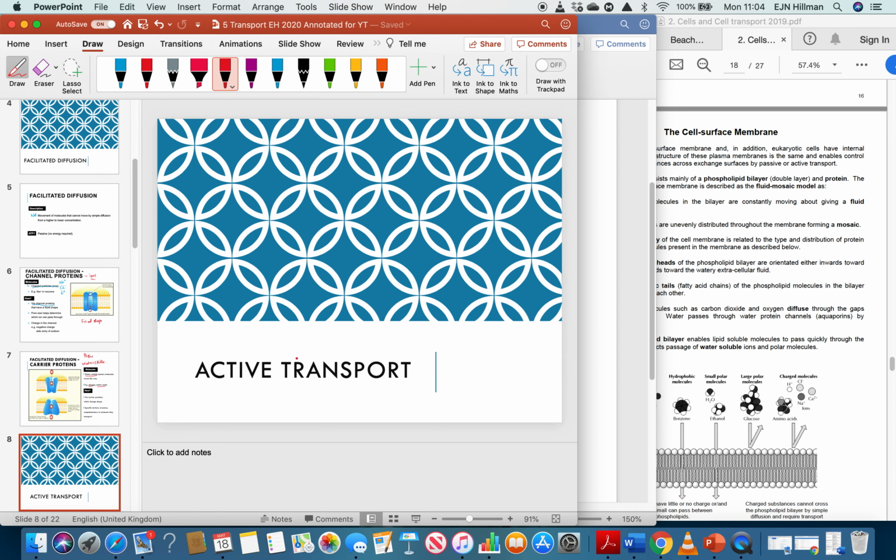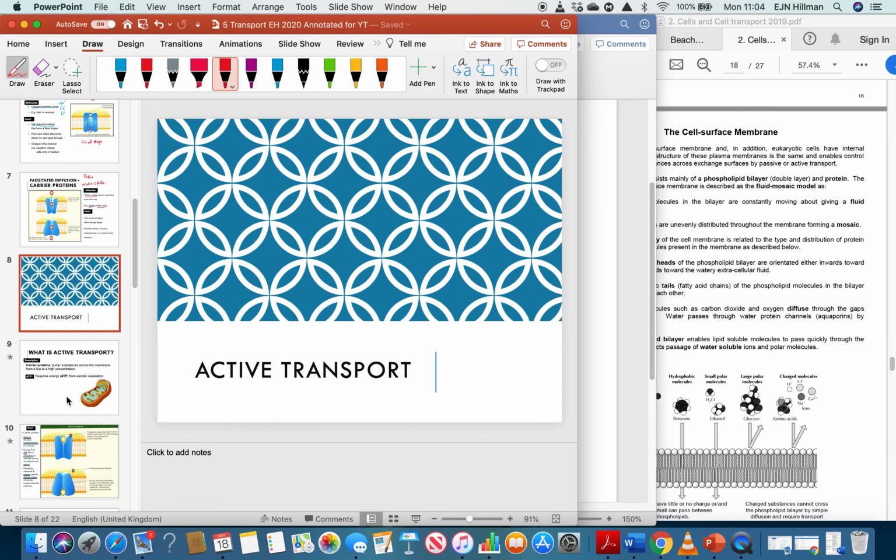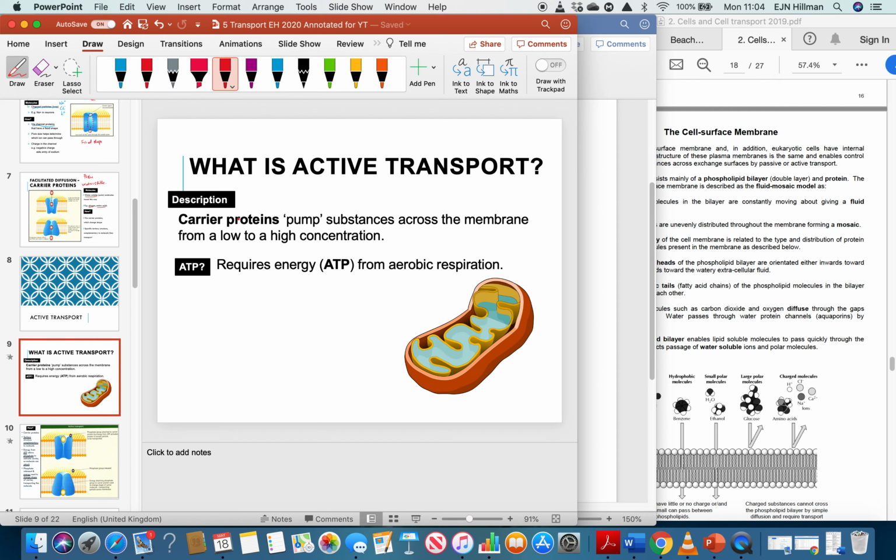Next is active transport. So, active transport involves this idea of 'pumping', there in apostrophes, to represent that it requires energy.